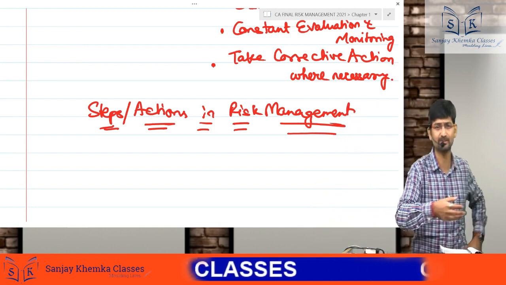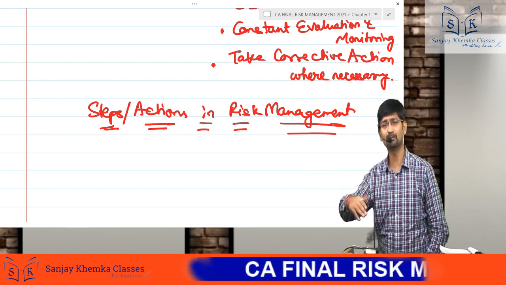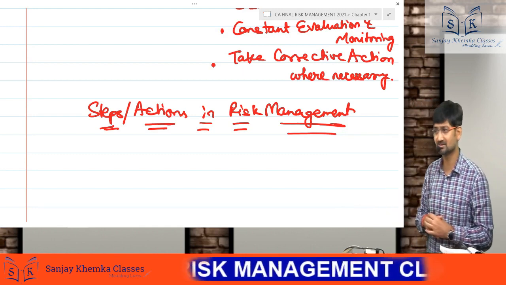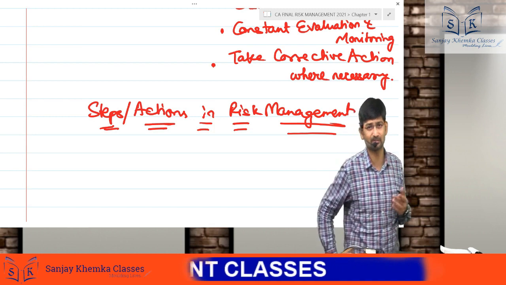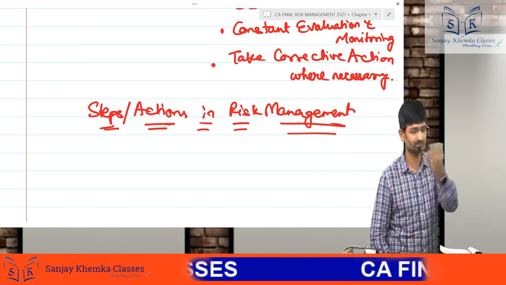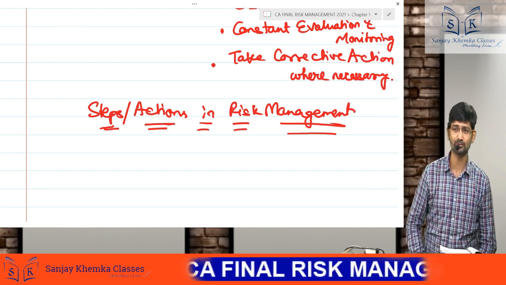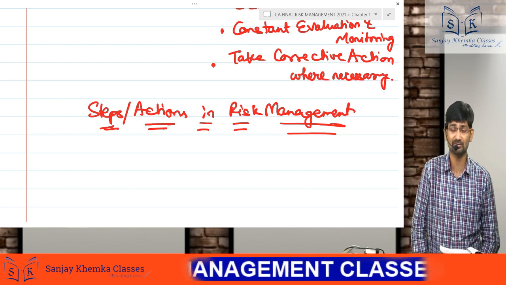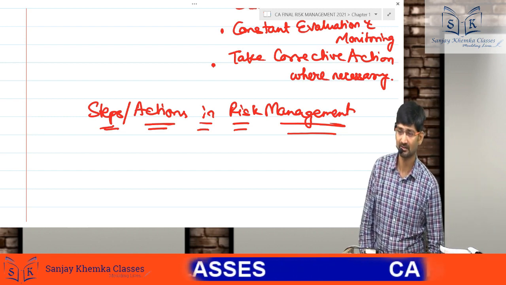So my machines may break down, my key employees may fall sick, they may go on a strike. The vendors may go on a strike, they may not provide the raw materials on time, the customers may not be able to come. Fire, natural disasters. We are exposed to loads of various kinds of risks in an organization.